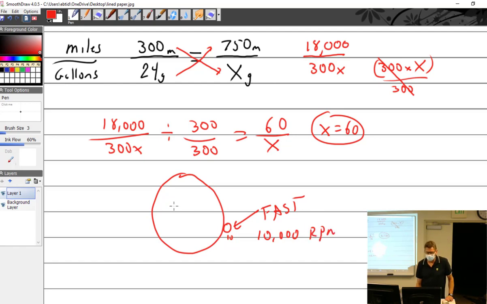And if this one had 1,000 teeth, is it moving fast or slow? Very slow. I couldn't tell you the speed of it because I'd have to set this up as a ratio to figure it out. So you have to remember that this has a large number but a very small number. So it's what we call the inverse.